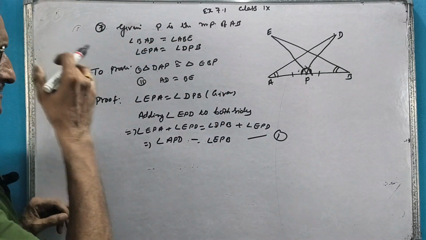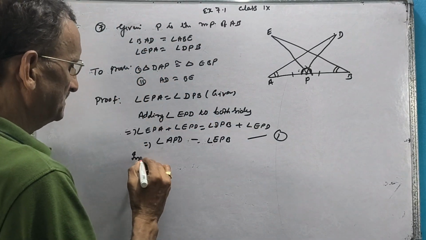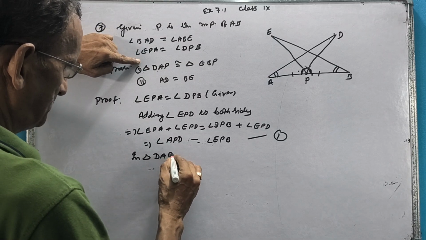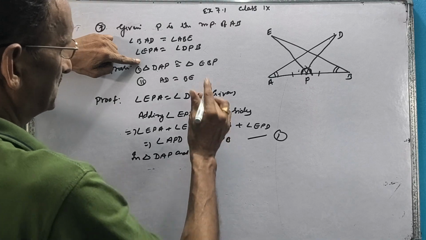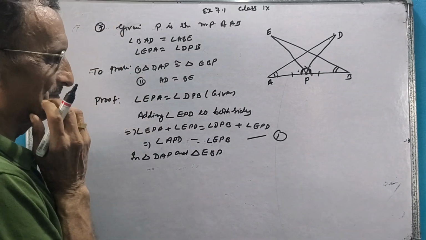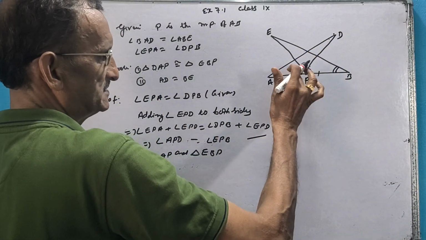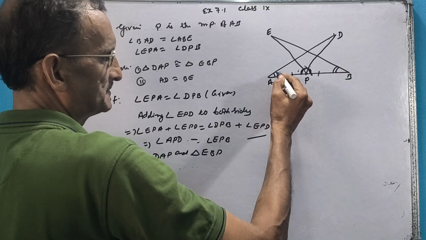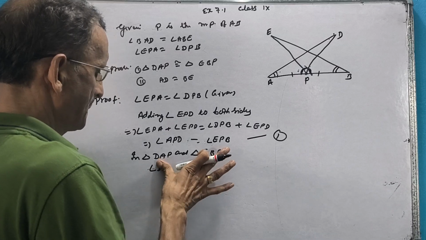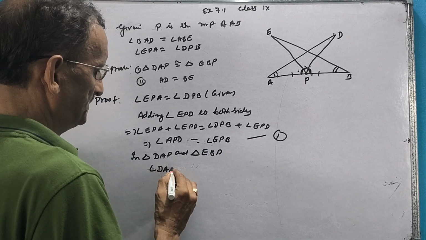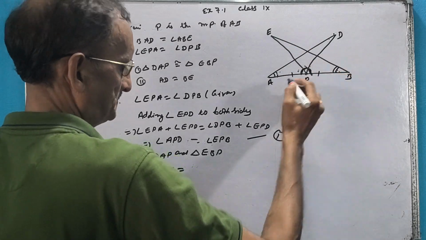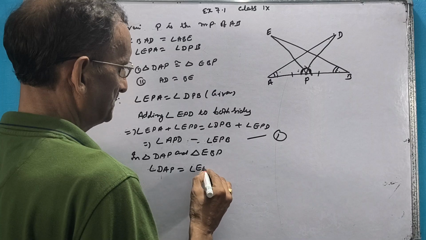Now you can go to this triangle. In triangle DAP and triangle EBP. See, when you say triangle DAP, this angle, what is the name? Angle DAP, and this angle, what is the name? Angle EBP.